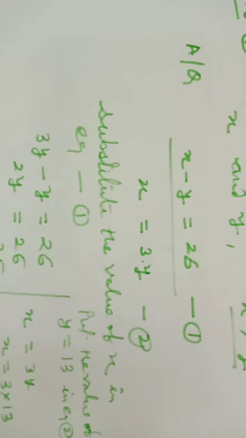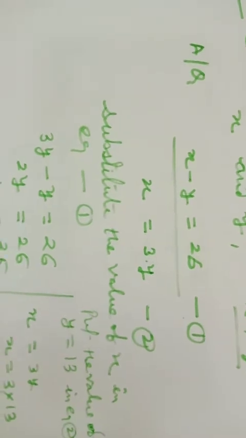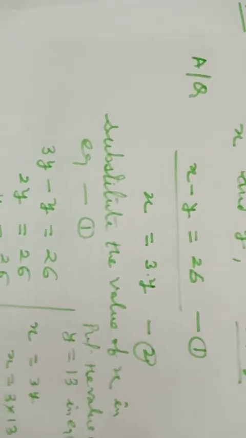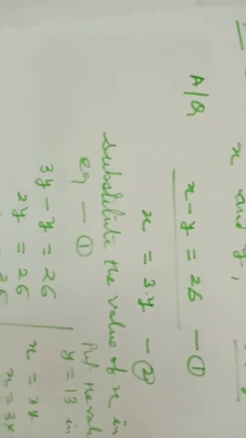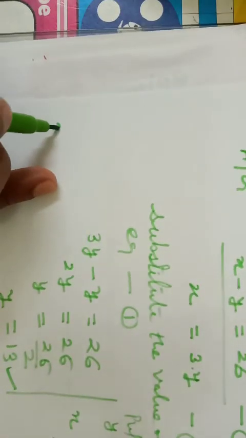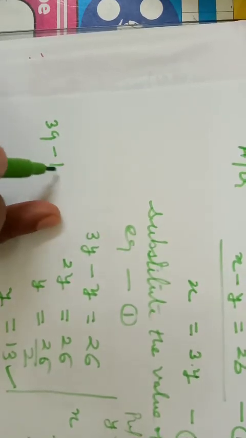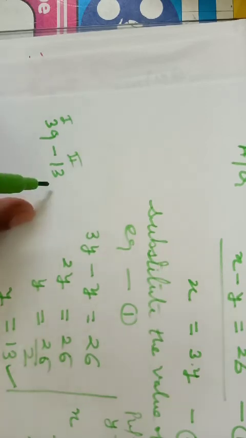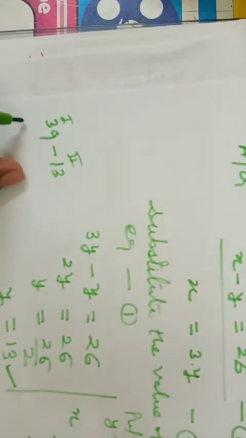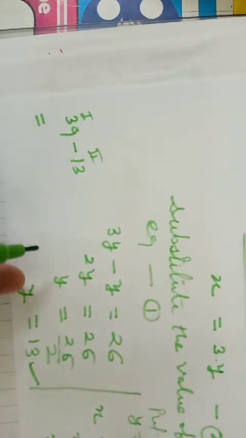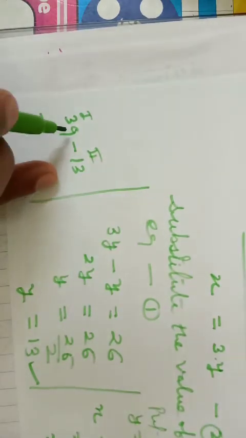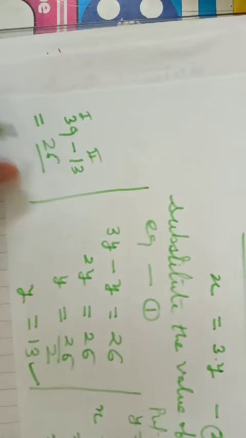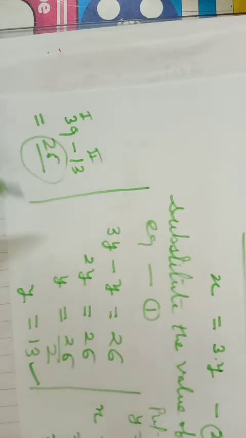And suppose you want to verify whether your numbers are correct or not, get the difference of the two numbers according to the question. 39 minus 13. This is the first number, this is the second number, and the difference of the two numbers is given as 26. So is 26 coming here or not, just check it. 26, it means your answer is correct.